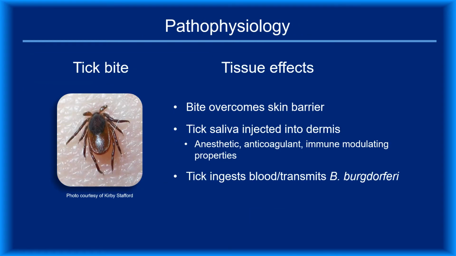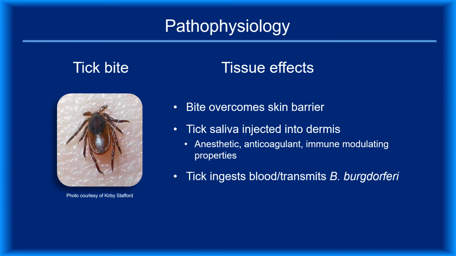Let's look at the pathophysiology, from tick bite to established infection. From B. burgdorferi's perspective, being a vector-borne pathogen carries a distinct advantage over other routes of transmission. Thanks to the tick, the bacteria avoids one of our best defenses, an intact skin barrier. Moreover, tick saliva contains several components that aid transmission.